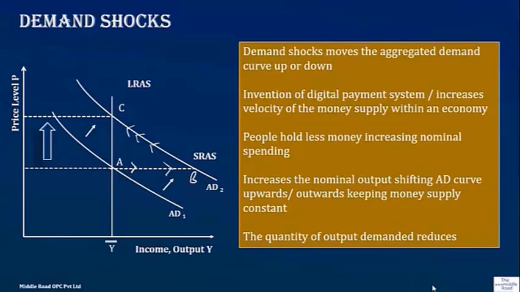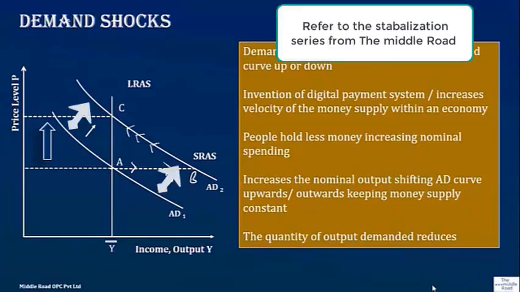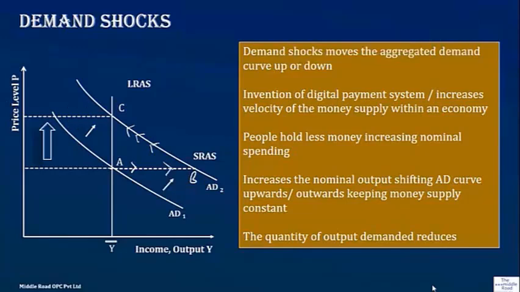It shifts upwards, outwards, you would say, from AD1 to AD2. Now we have point A, point B, and point C. Over a short period, the economy moves from point A to point B, and then it transitions back again to point C.